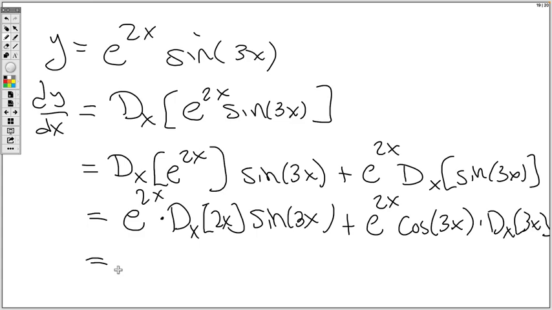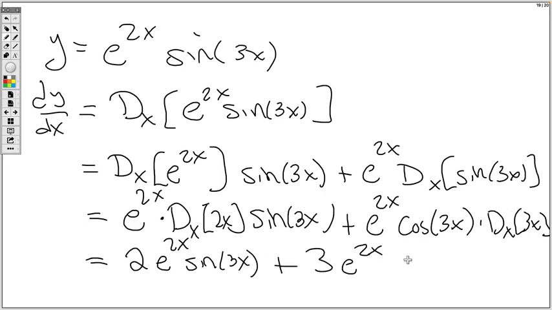And what's the derivative of 2x with respect to x? 2, and we'll migrate that constant multiple out front. And what's the derivative of 3x with respect to x? 3, so we'll migrate that out front. And there it is.